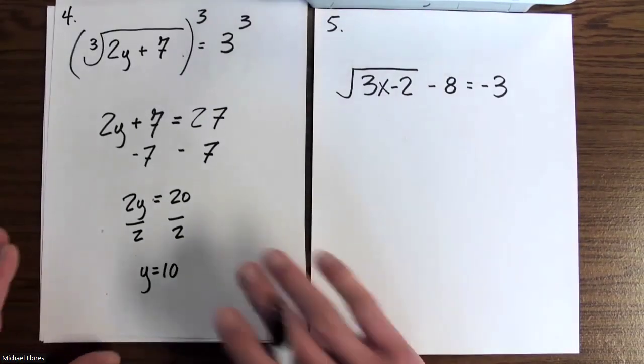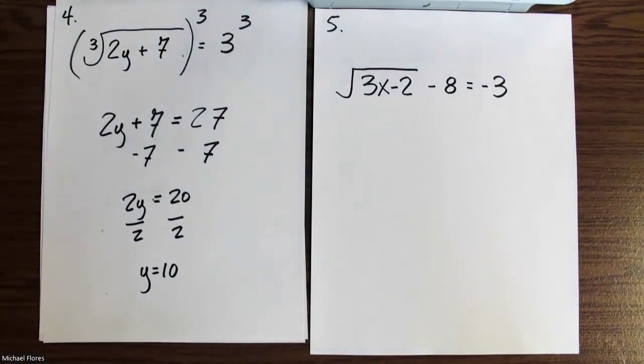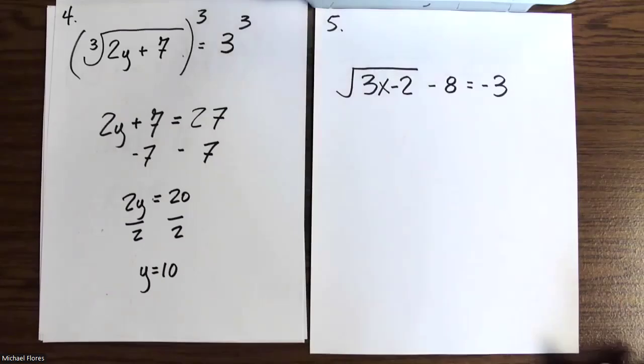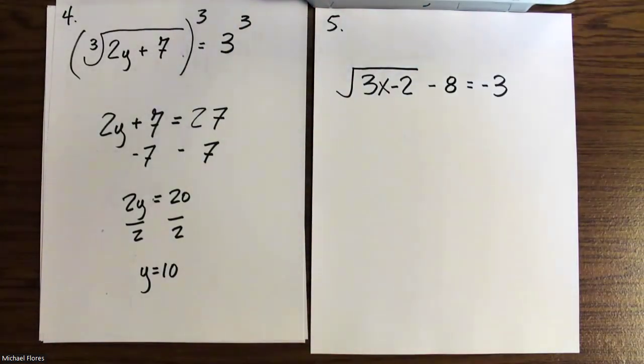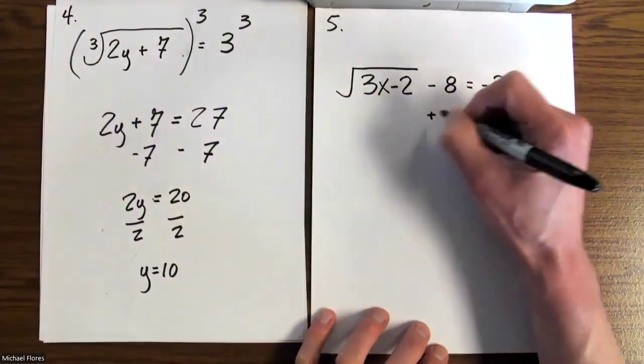Still feeling pretty good about this stuff? We've been solving equations for a while, so this isn't too bad. All right, example 5. Let's see. Is there something we can add or subtract away from our x first? Yes, we can. Let's add over the 8.